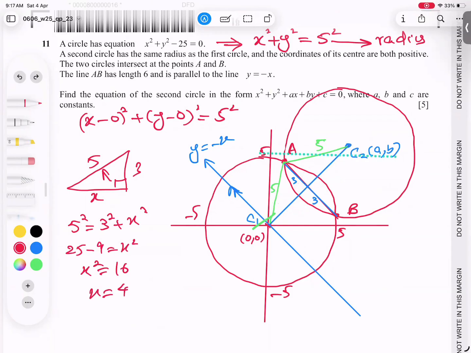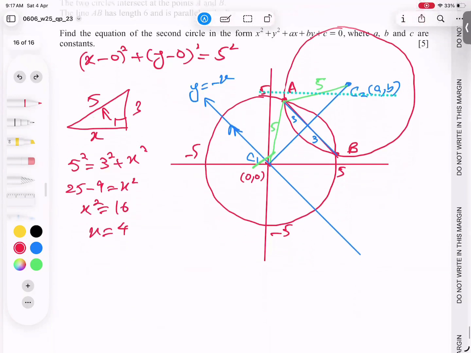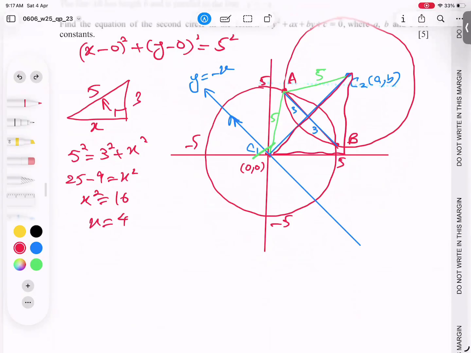So I got the 8, but I'm looking for the coordinate of the center of the circle. Can I make this look? I make a triangle. You can see clearly this reddish color triangle I talk about. In which this is C1, C2, and this is 8.